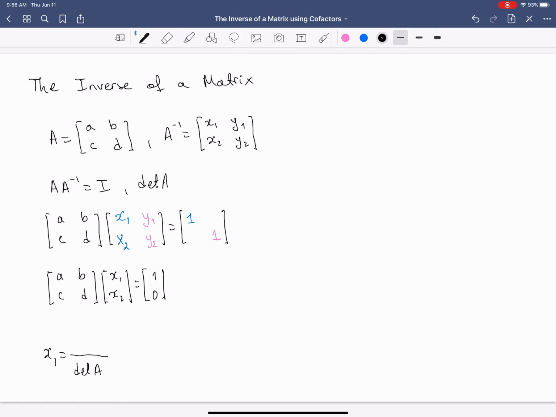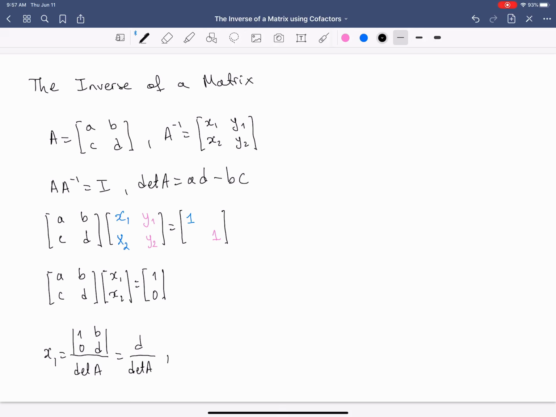It is a times d minus b times c. So that will always be in the denominator. The numerator is actually the determinant of 1, b, 0, d, right? And that's very easy to compute. That's just d. So x1 is simply d over the determinant of A.